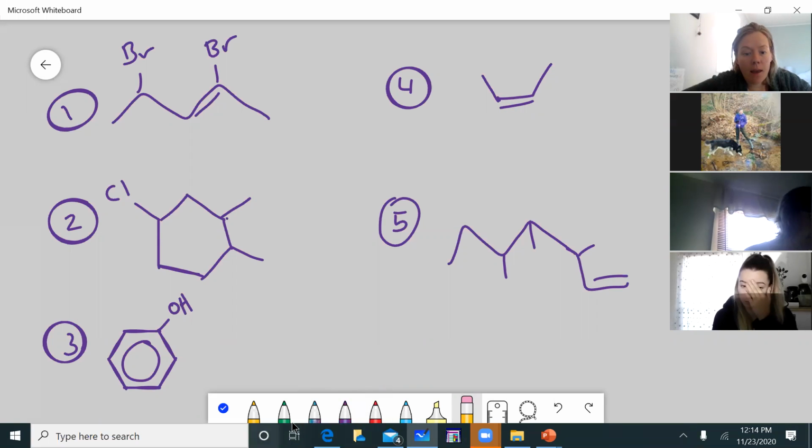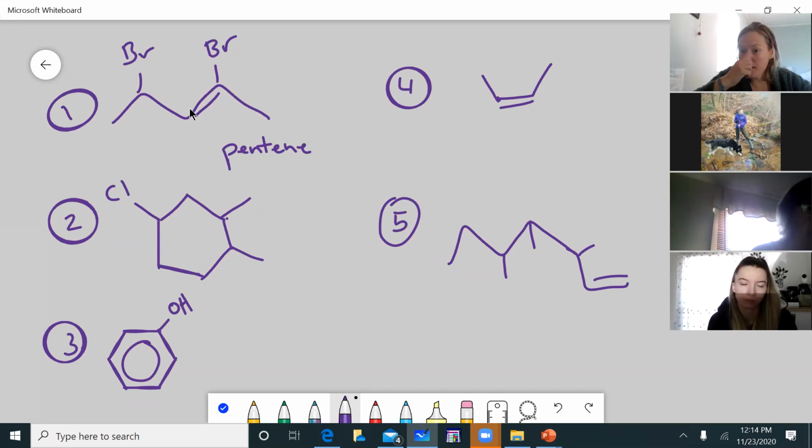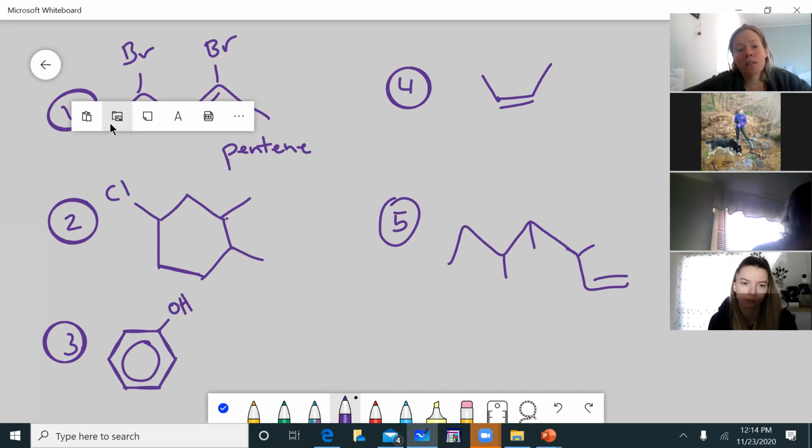So looking at this first one, I'm going to find the longest chain that has any sort of double or triple bond. So 1, 2, 3, 4, 5. So pent. And there is a double bond. So pentene. Now I have to specify where that double bond is. I don't want to start my carbon counting here. I want to start it here.